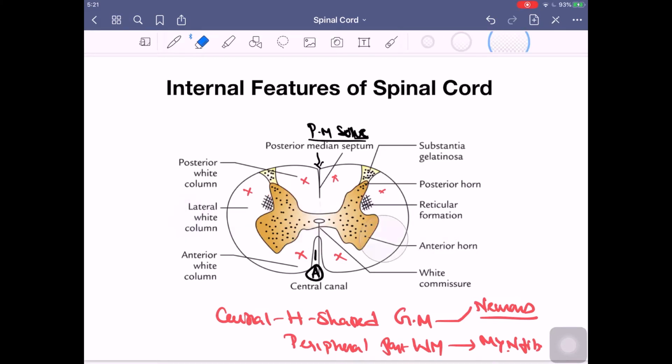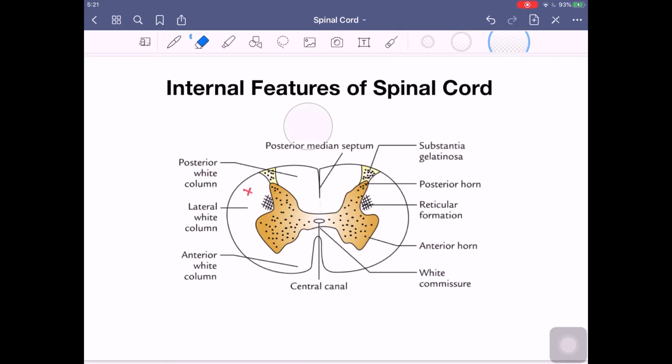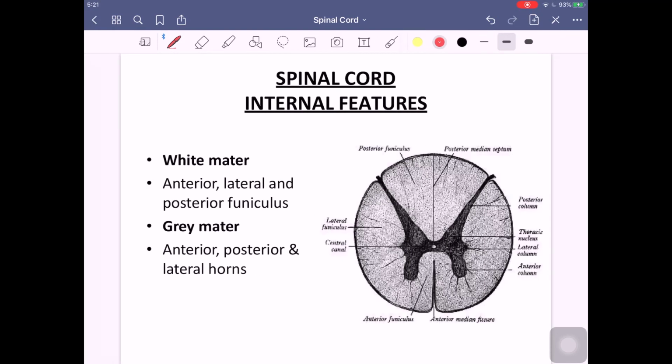You also notice that in the center, apart from the central gray matter and the peripheral white matter, the gray matter has an opening. That opening is what we call the central canal. The central canal is present within the center of the gray matter. So let us look into the details now.